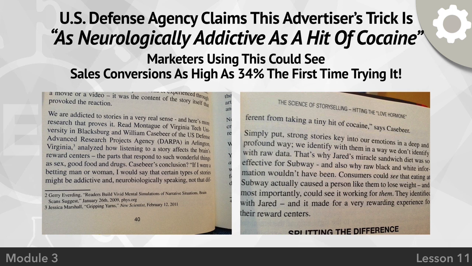It says, certain types of stories might be addictive and, neurologically speaking, not that different from taking a tiny hit of cocaine. And you can see that individual was part of the U.S. Defense Advanced Research Project Agency, DARPA, in Arlington, Virginia. That's where that idea came from. The idea behind that copy, that there is this trick that's neurologically as addictive as a hit of cocaine, came from one paragraph in one book.